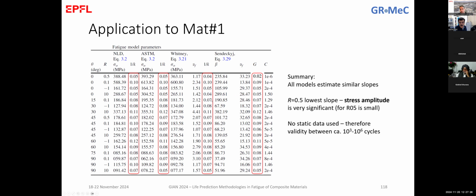In this case, we didn't use any static data in the method of Sendeckyj, because we didn't have a lot of static data at similar loading rates as the fatigue data. Since we didn't use static strength data, the results that we have are valid for the purely fatigue region of the testing, so for cycles between around 1,000 cycles and 1,000,000 cycles.